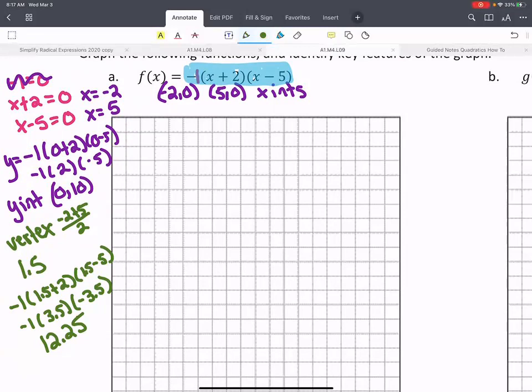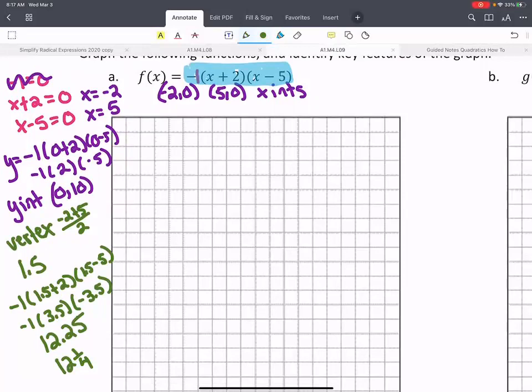I was doing fractions. Now I'm confused. It would be 12 1/4 or 25 fourths, I think, in my head. 12, let's see, 12 1/4 would be... Why is it in four?